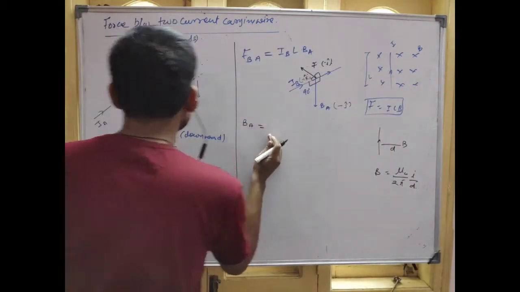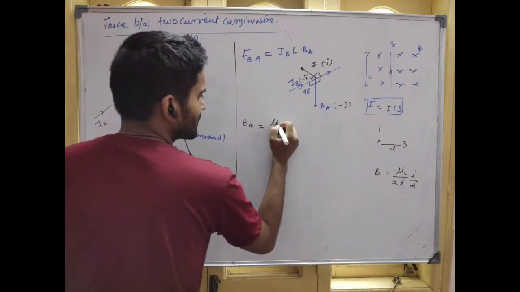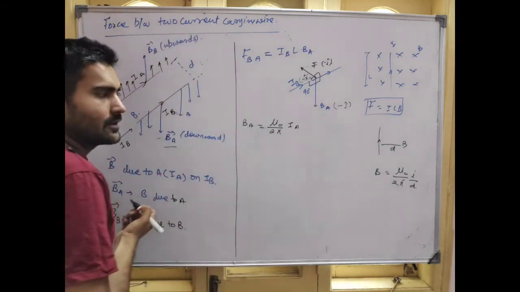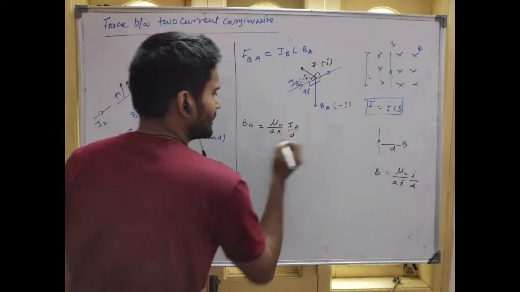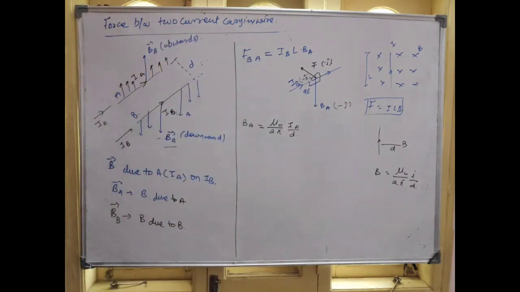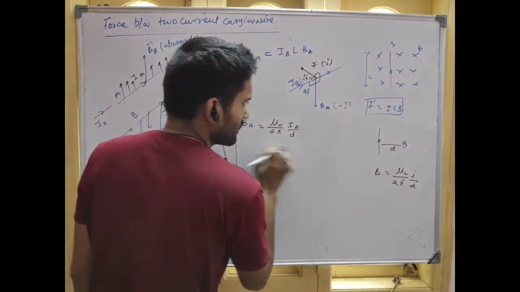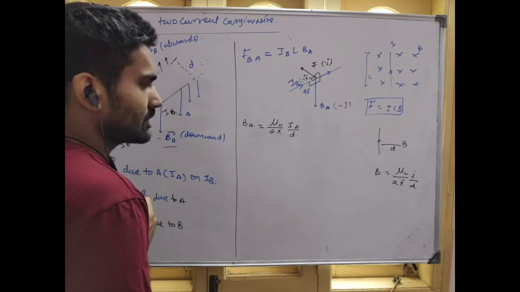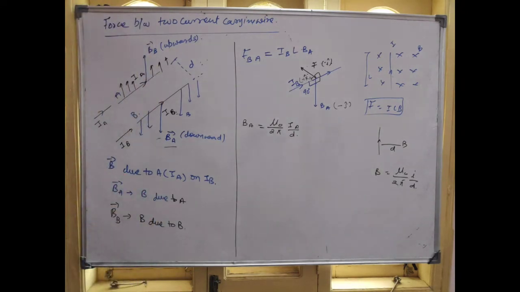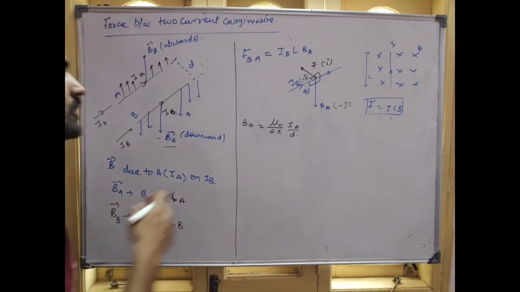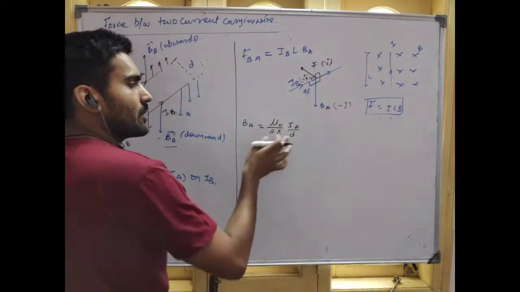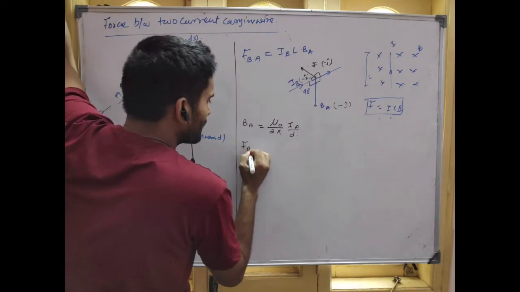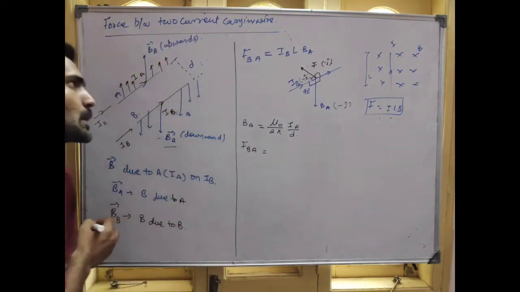So BA will be how much? Mu naught by 2 pi IA by D. Is the point clear? Tell me, guys. Yes. So BA will be mu naught upon 2 pi IA by D, right? Okay. So can you tell me now what is FBA?